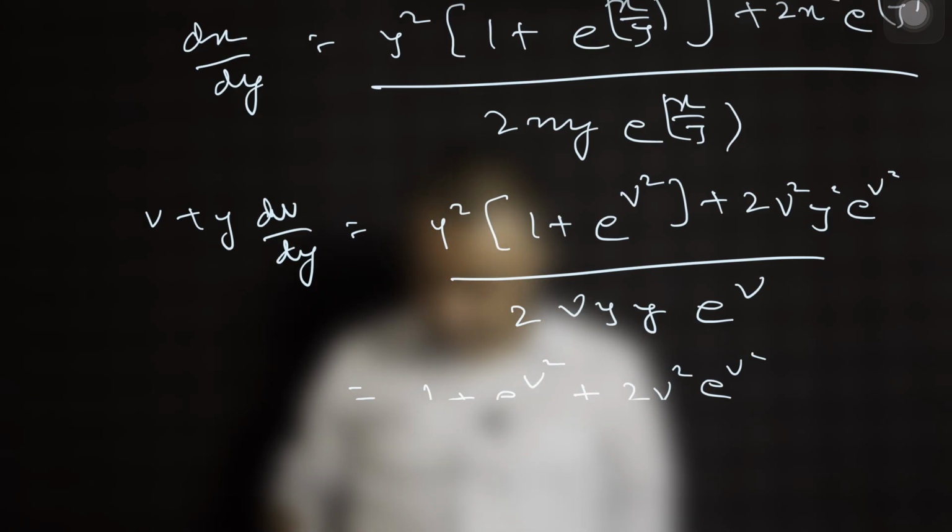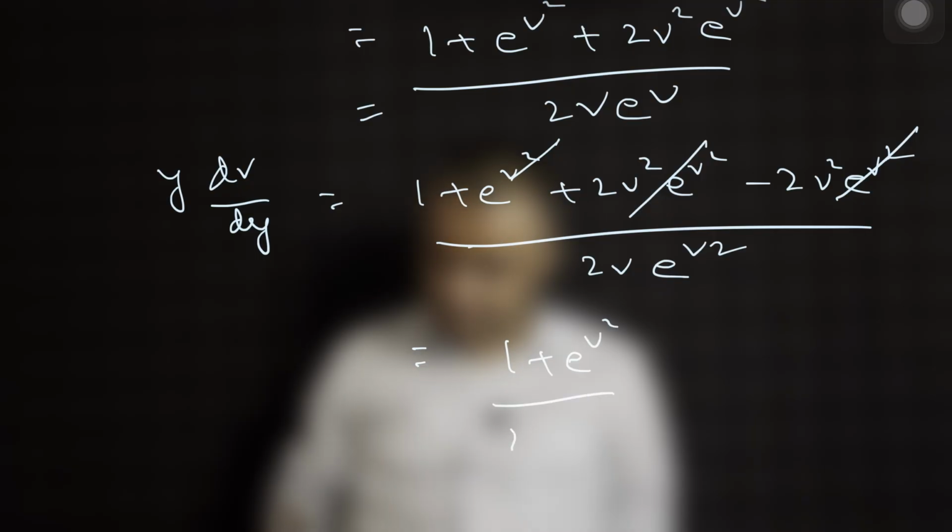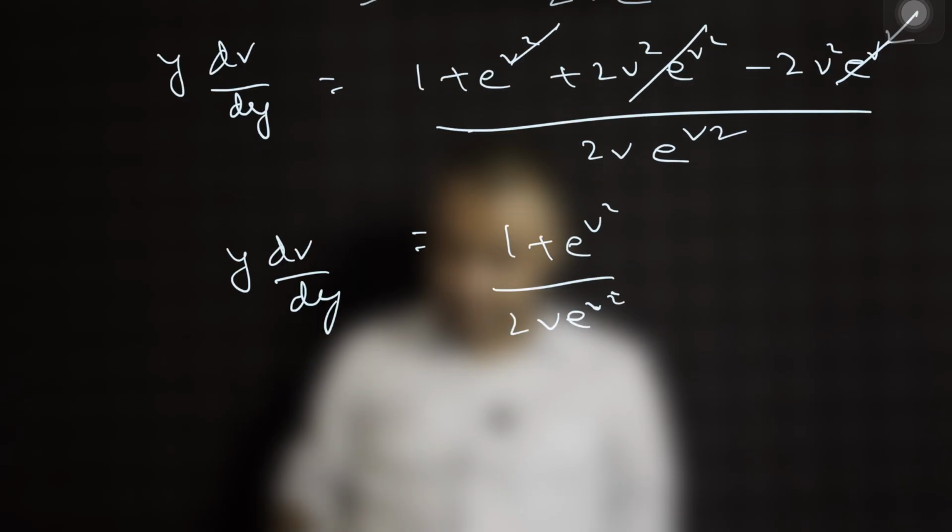So, this is your two v square. So, this and this get cancelled. So, I have this 1 plus e^(v square) upon 2v e^(v square). So, this is y dv by dy.